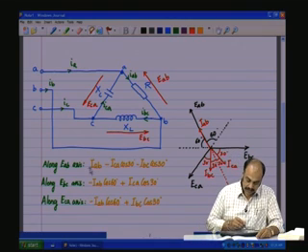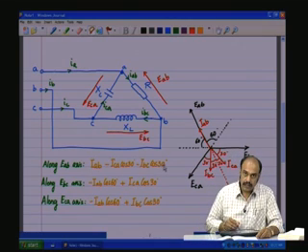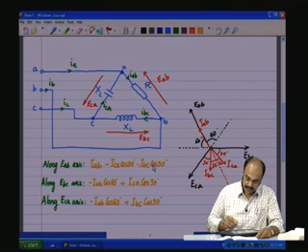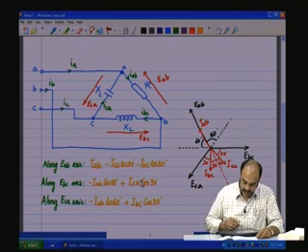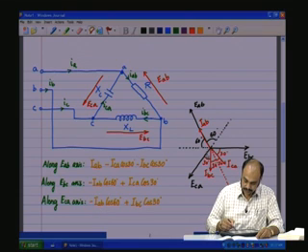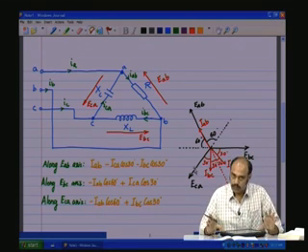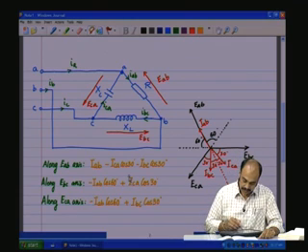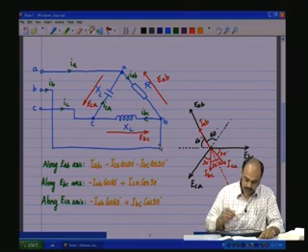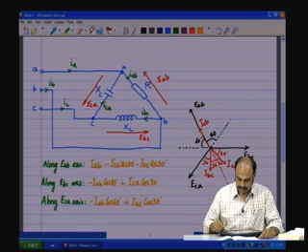So, the equivalent current along the AB axis, along the BC axis, and along the CA axis should all be of equal value. Let us equate these and see what happens.